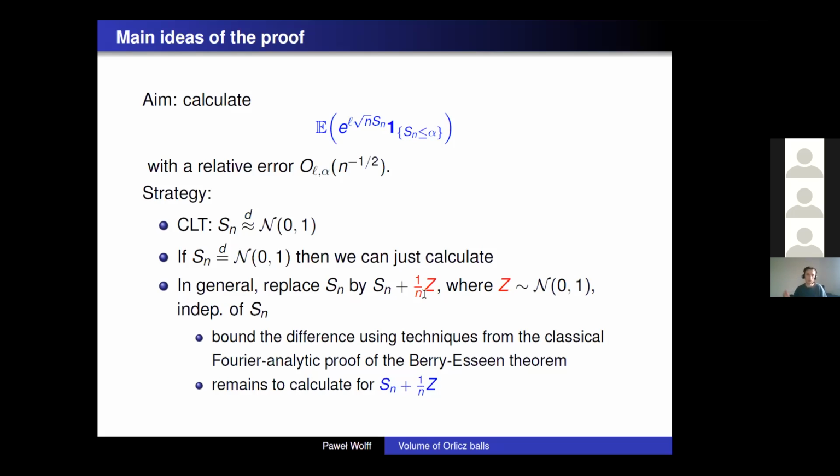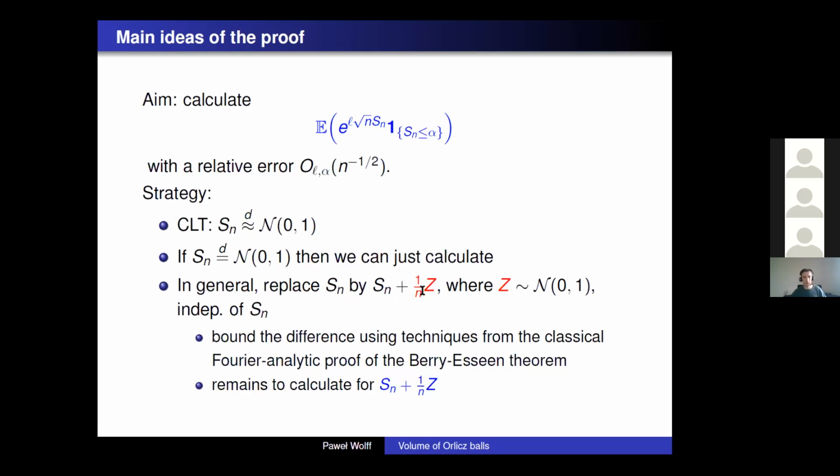If we think in more analytical terms, Sn has some distribution which is close to standard normal, and partially for technical reasons, but also because of conceptual ones, we need to convolve it with some nice, smooth distribution, which will regularize things.